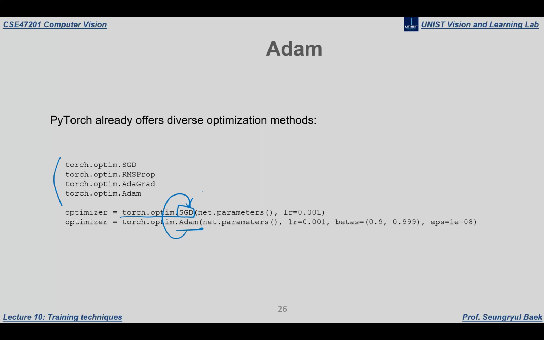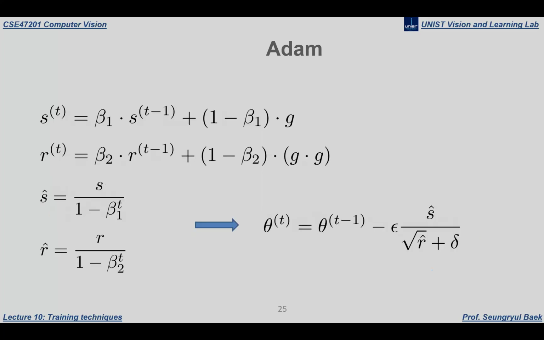SGD, RMSProp, AdaGrad, Adam, most of these are already implemented in PyTorch with one line of code. So you can just replace SGD with Adam or RMSProp or AdaGrad. In PyTorch you can easily change the optimizer, but basically most of them are based on SGD. So application-wise, you have to select the optimizer.